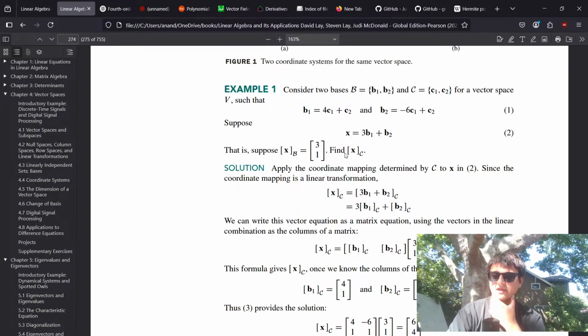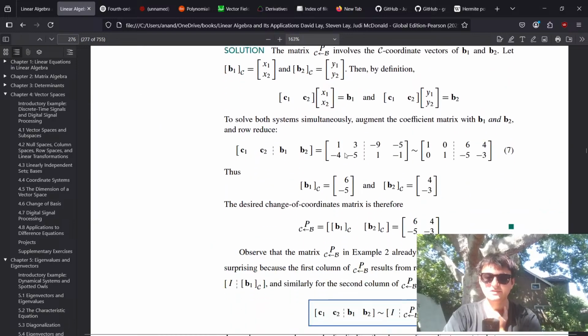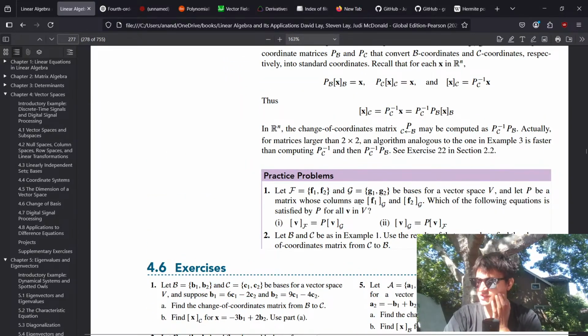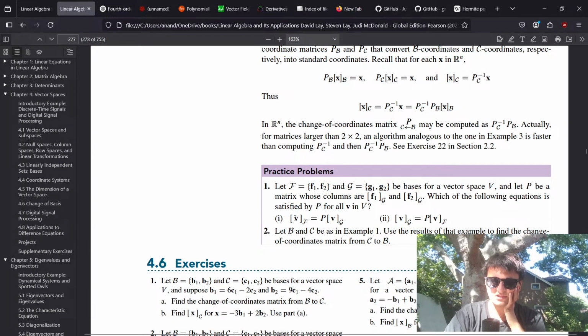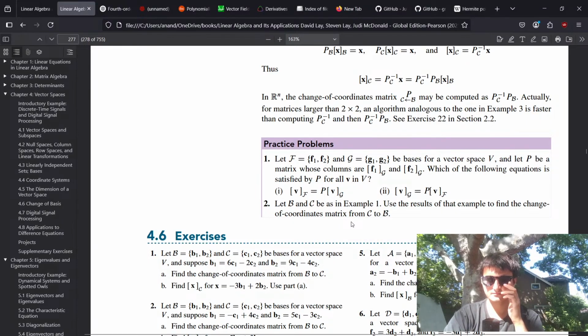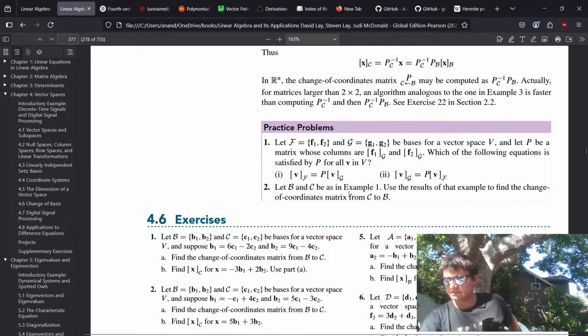Okay, all right. So this is the change of coordinates matrix from F to G. So option 2 is correct. But this one's not going to be always true. Okay, so that's problem 1.